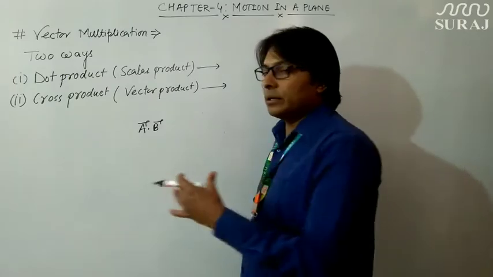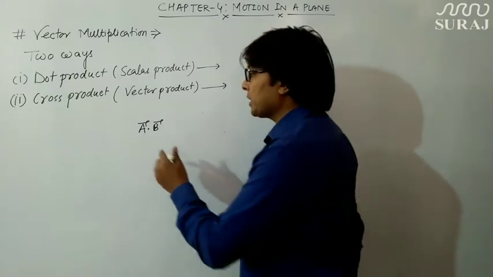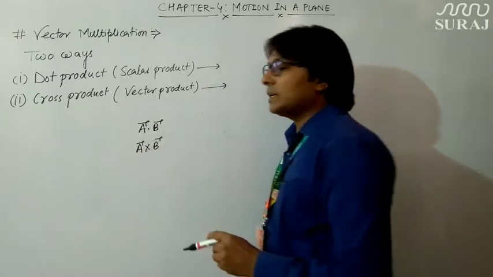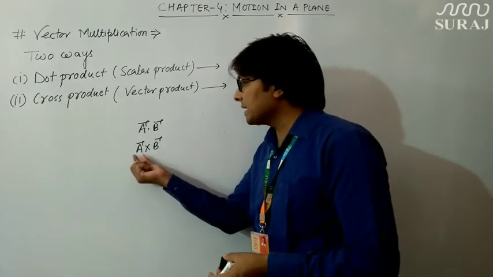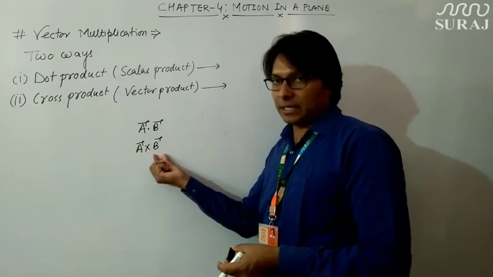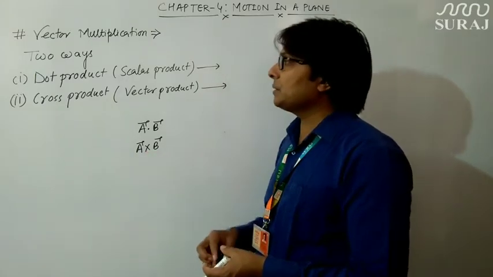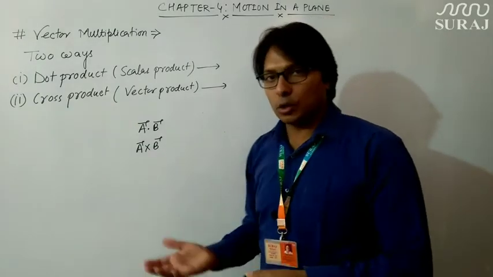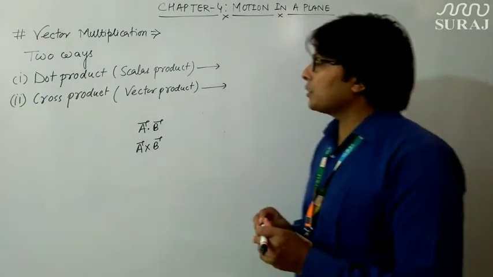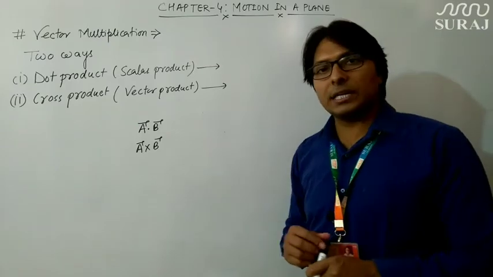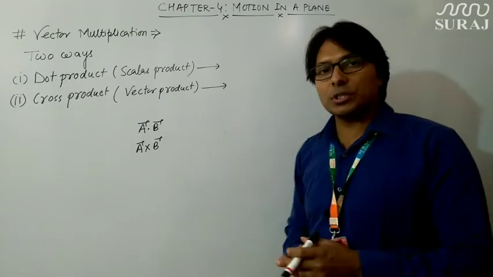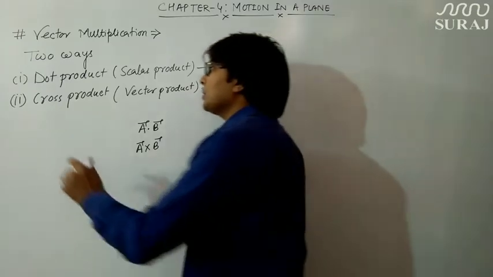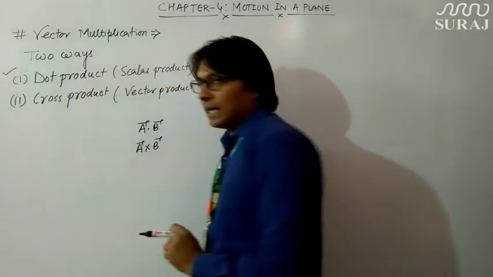Similarly, for the cross product, we put a cross between the two vectors and it is called a vector cross b vector. That is the mystery behind the names of dot product and cross product. First we will discuss the dot product, and thereafter the cross product. In this video we discuss the dot product in detail.